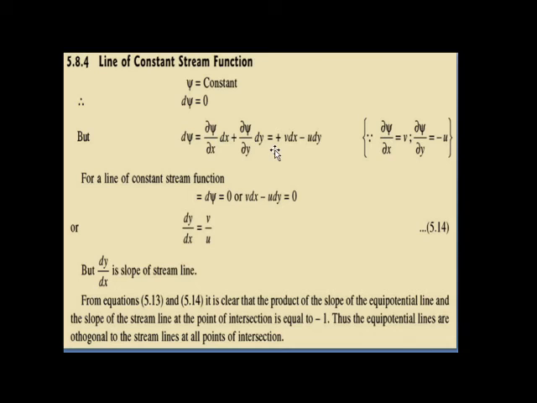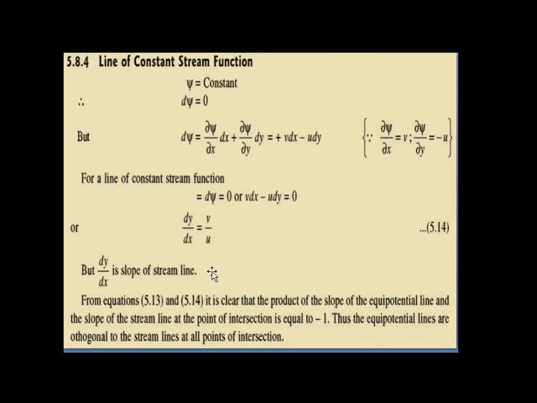For the stream function, the velocity components are dou psi upon dou x is equal to v and dou psi upon dou y is equal to minus u. We put these values into the equation, which gives v dx minus u dy. But for the line of constant stream function, d psi is equal to 0, so this term will be equal to 0. From that relation we get dy by dx is equal to v upon u. This is the slope of the streamline.